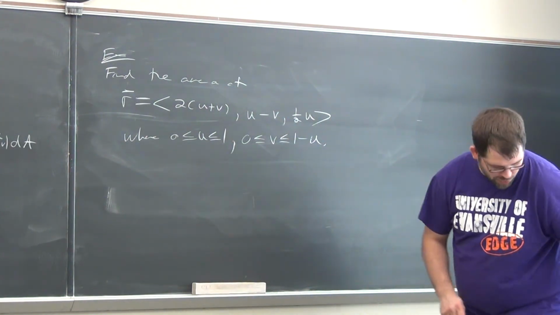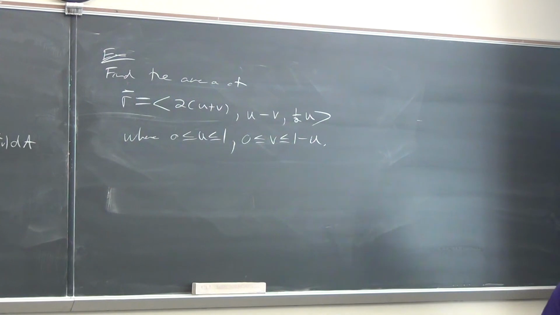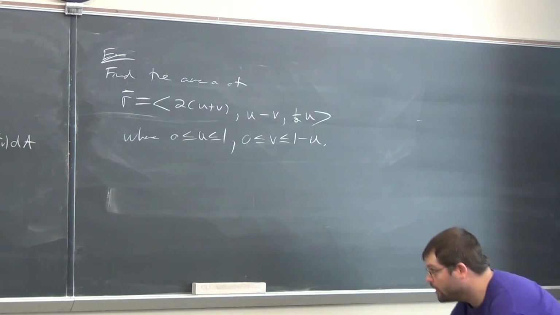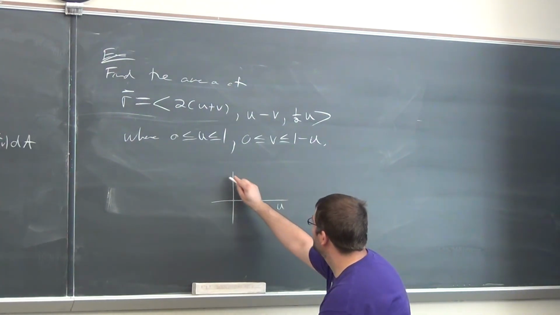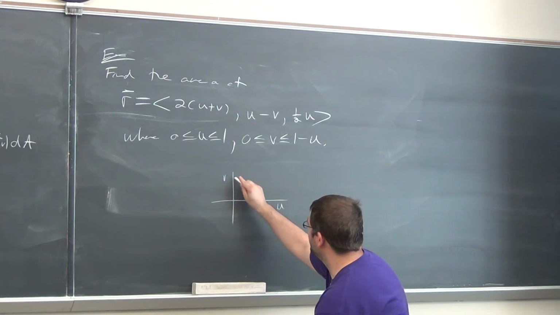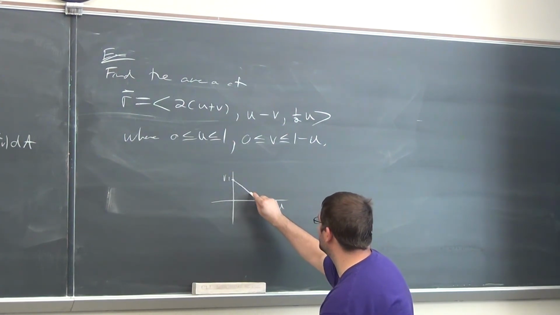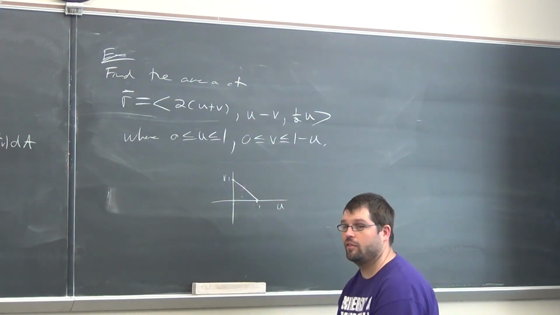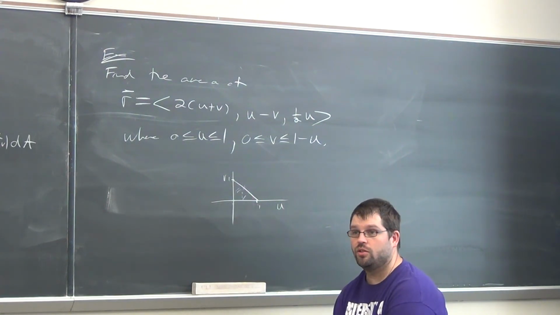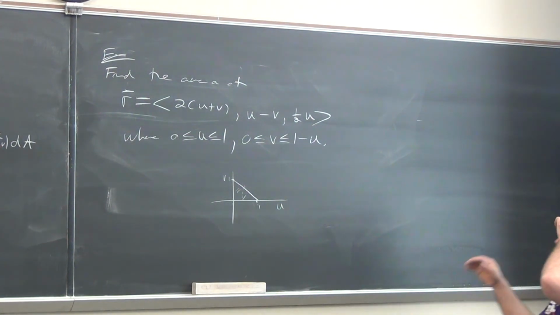We have fixed bounds for u here. u goes from 0 to 1, and then v goes from 0 to 1 minus u. So again, just like before, you don't necessarily need this drawing, but here's our region. You have this little region you're integrating over, but you're going to compute r sub u, compute r sub v, take their cross product, take the magnitude of that, and then integrate it.